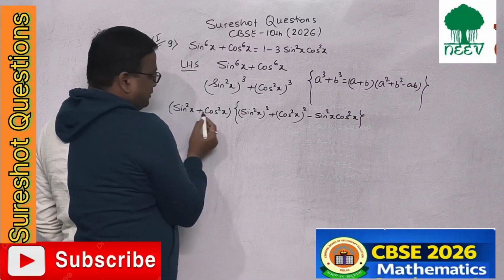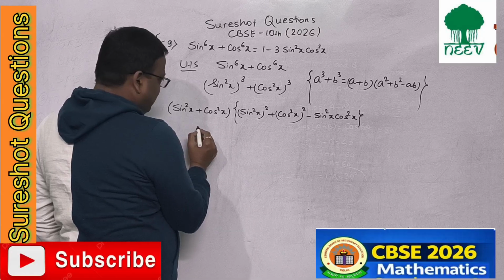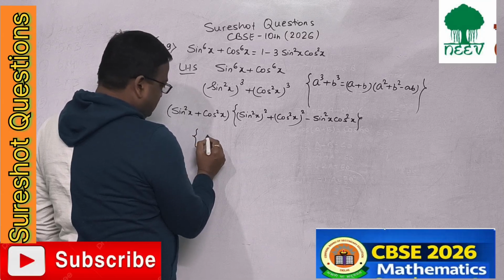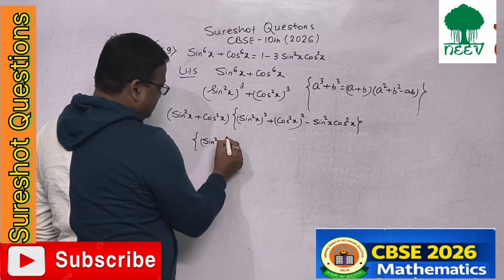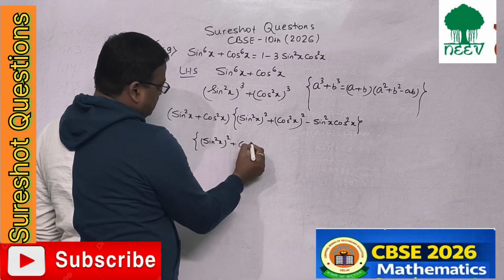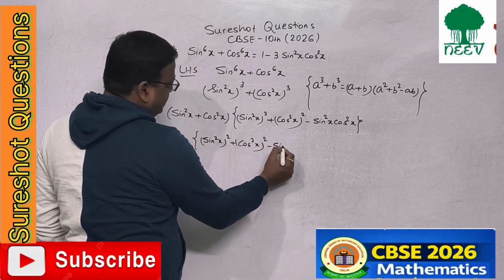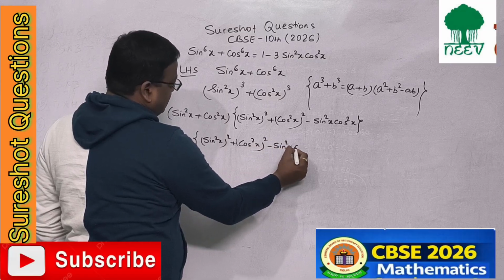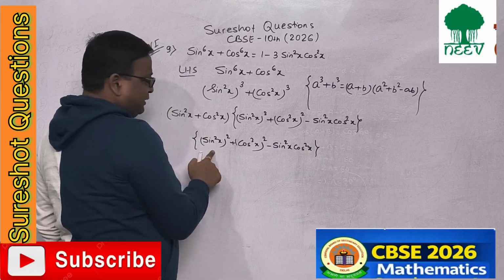So sin square x plus cos square x is 1. So this gets vanished. So we'll be left with (sin square x) whole square plus (cos square x) whole square minus sin square x cos square x. Now again this is a square plus b square.